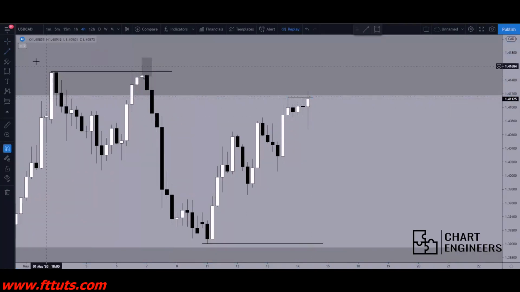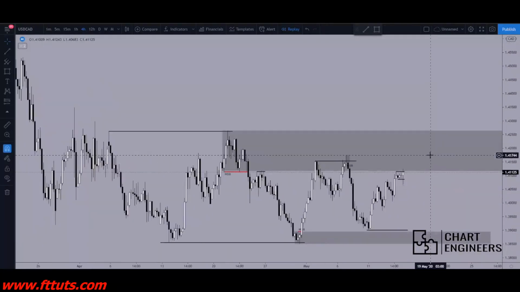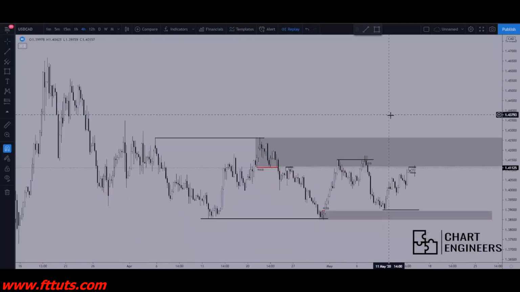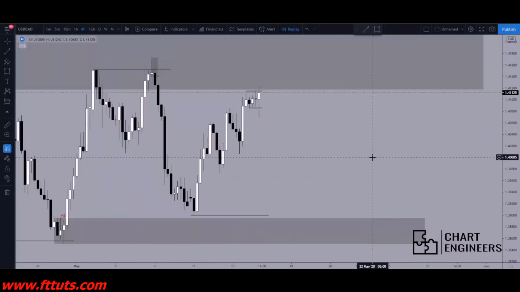I know we've raided a low as well, but in this case, I can see that we are quite clearly ranging, and this is the higher end of our range. So I'd be looking to sell rather than buy off of this top sweep, and I'm just going to choose to ignore that bottom sweep.